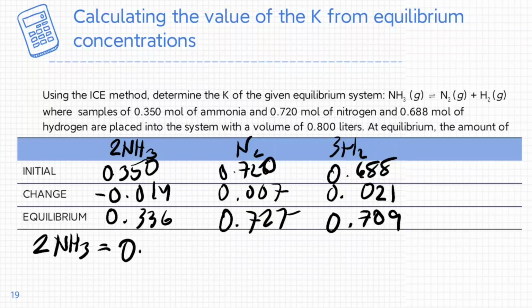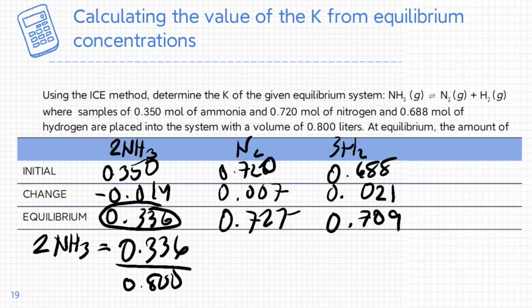Wait lang. Okay, yung equilibrium amount over yung volume of the system. Ito. Okay? So, kuha mo is 0.42.